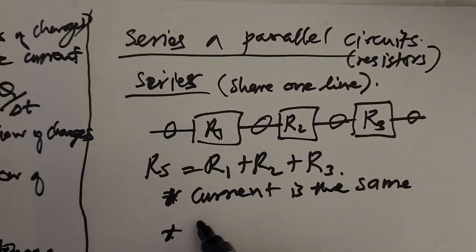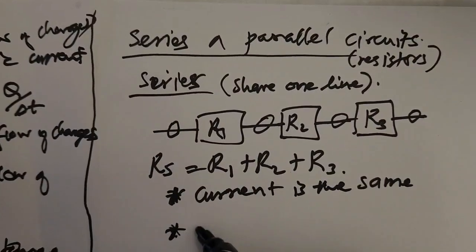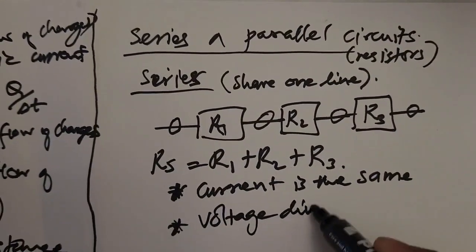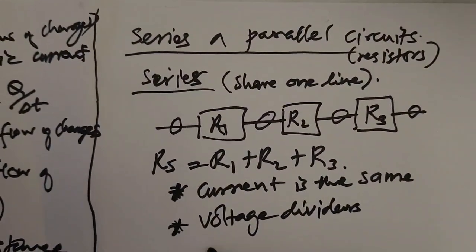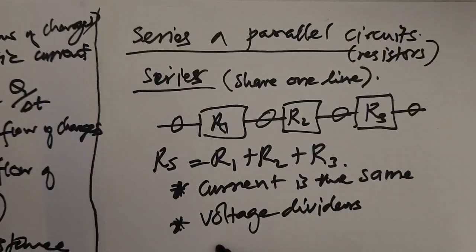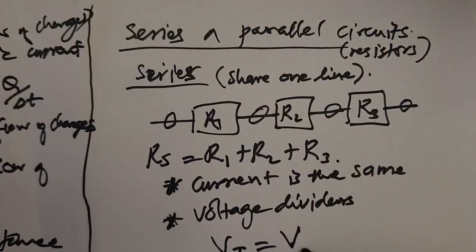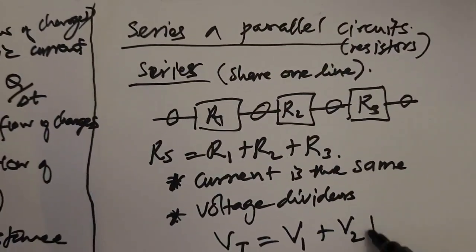But when they are connected in series, they divide the voltage. They are called voltage dividers. Why? Because the total voltage across the three will be the sum of the voltage across each one of them: V1, V2, V3.